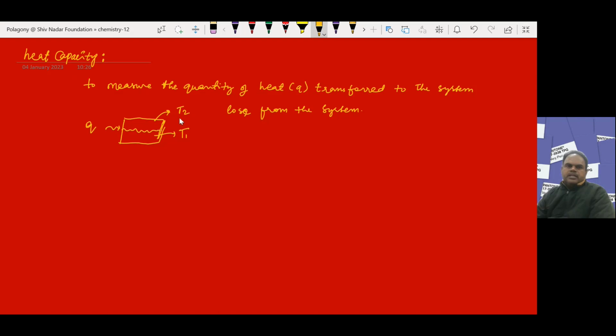When there is a change in temperature, the temperature difference delta T is equal to T2 minus T1.